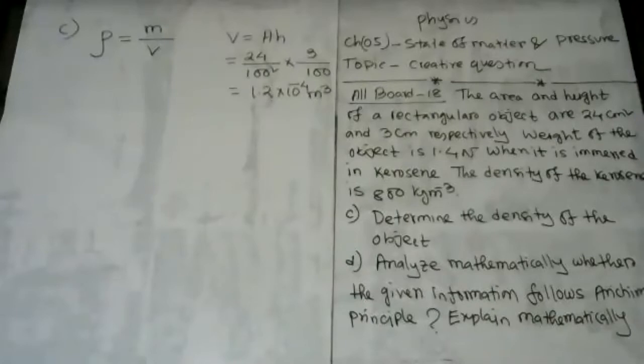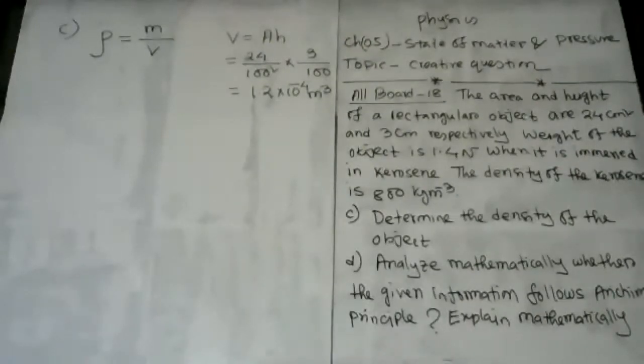Now I'm going to find out its mass from the weight in air, not in kerosene. So how can I find this? So 1.4 Newton is the main weight minus the upthrust, the upward thrust. Okay, you can say this. Yes, information from which formula?